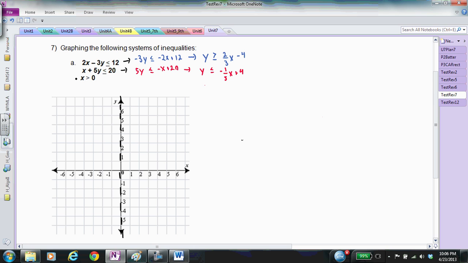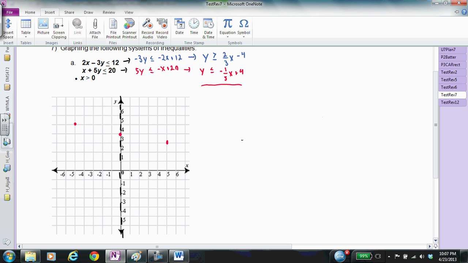So I'm going to graph this one first, the red one. Starting at 4, 1, 2, 3, 4, and go down 1 over 1, 2, 3, 4, 5, and up 1 over 1, 2, 3, 4, 5. So it's less than or equal to, so that's a solid line there.